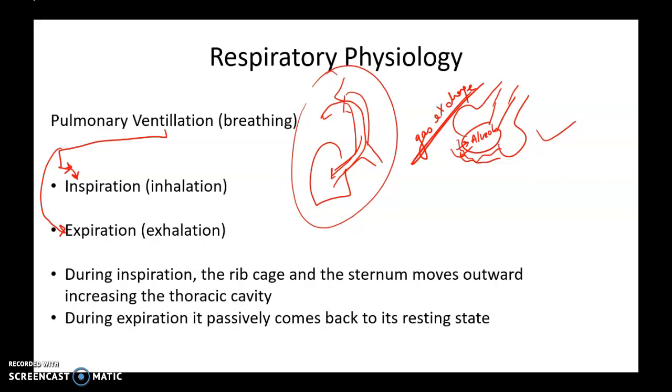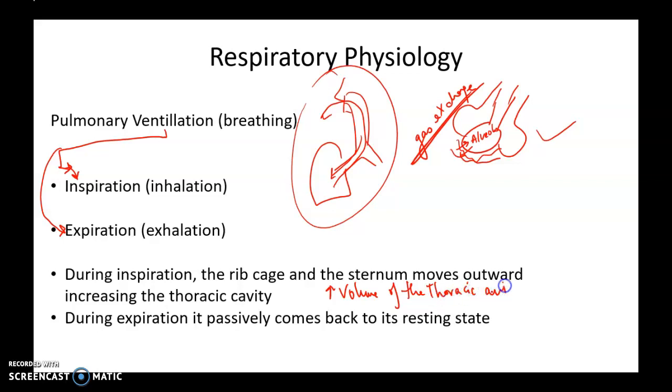Is the sternum pushing out anteriorly? Are the ribs being pulled anteriorly? Yes, and that increases your thoracic cavity. And there is one other concept that I want you to get. As you increase the volume of the thoracic cavity, right? So now you are increasing the volume of the thoracic cavity.